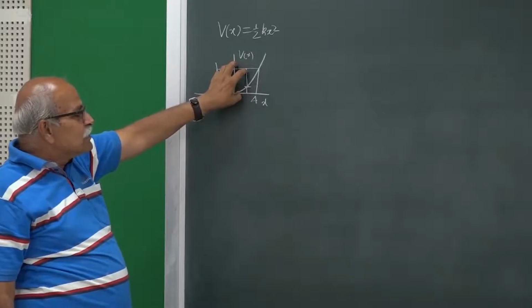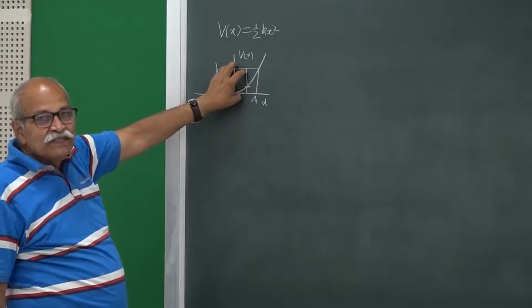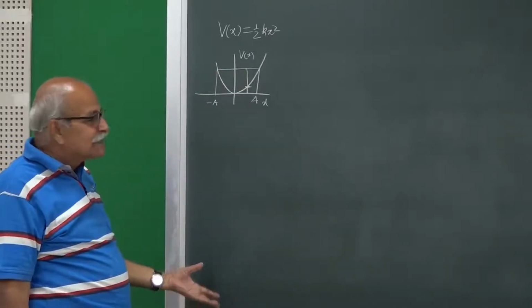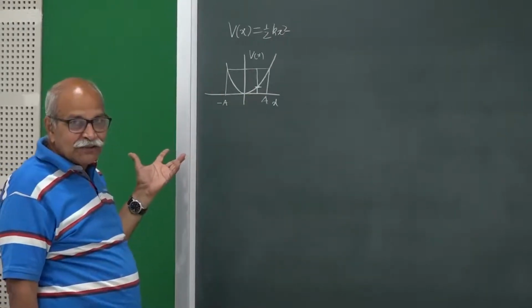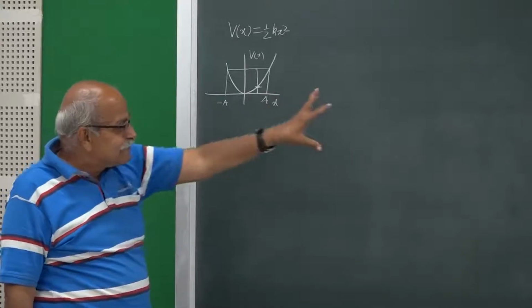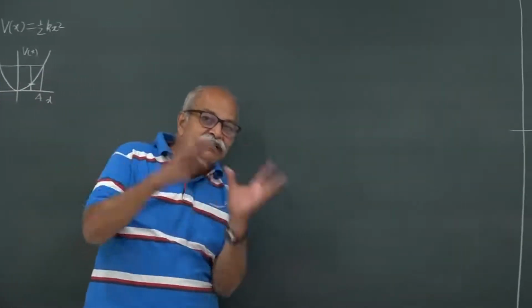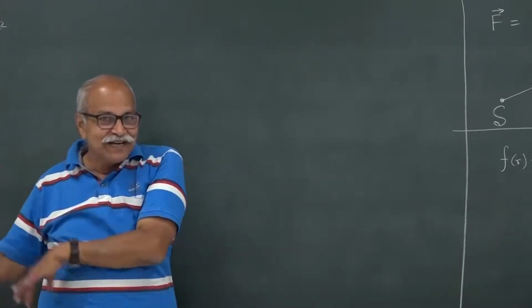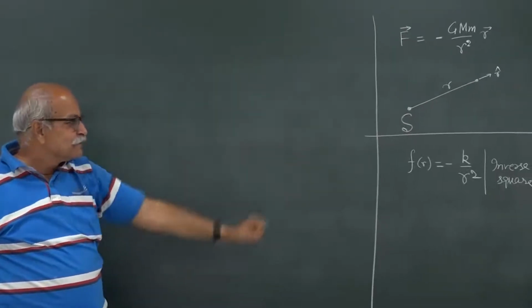But if the motion is not confined to one straight line, but can go in a plane in different directions, then how do I plot this? So, it so happens that in this kind of central force motion, we can have a similar energy diagram, but not exactly of this kind, where I just plot the potential energy as a function of position.